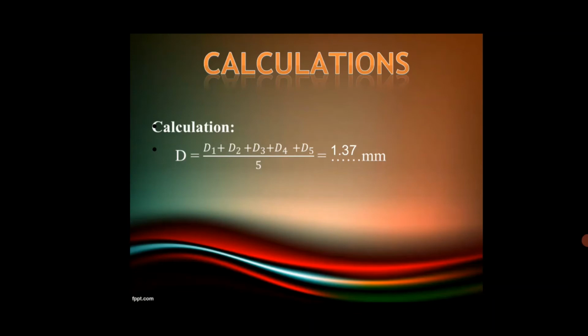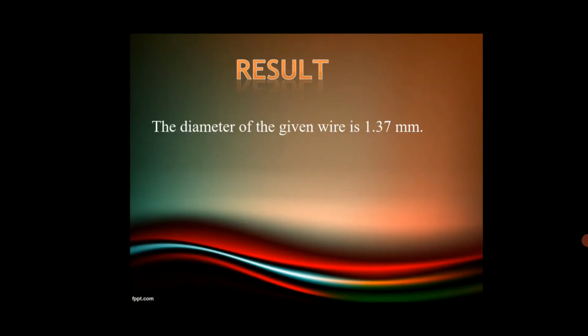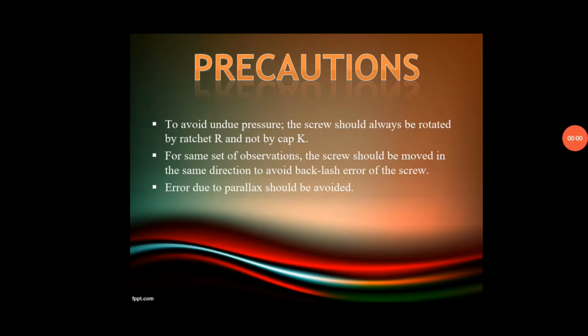Calculations. The mean diameter is 1.37 millimeter. Result. The diameter of the given wire is 1.37 millimeter.